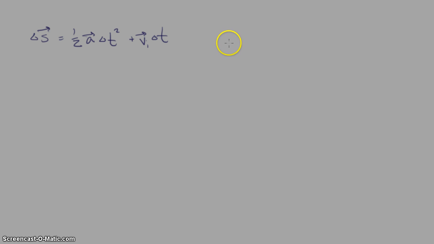Now, I didn't say anything about linear there. I said displacement equals 1/2 acceleration time squared plus initial velocity times time. Now watch this. Displacement equals 1/2 acceleration times time squared plus initial velocity times time.